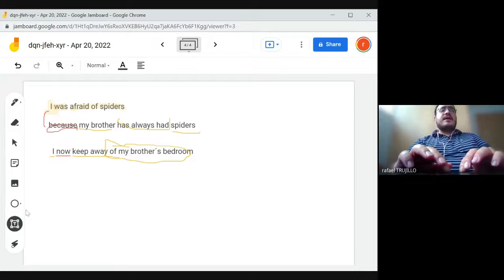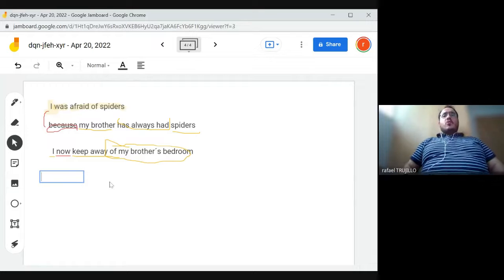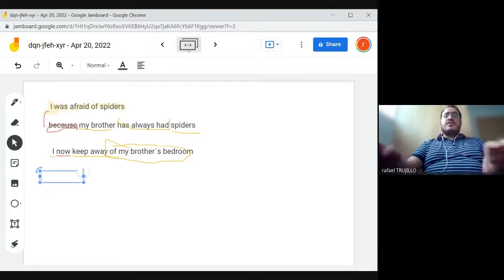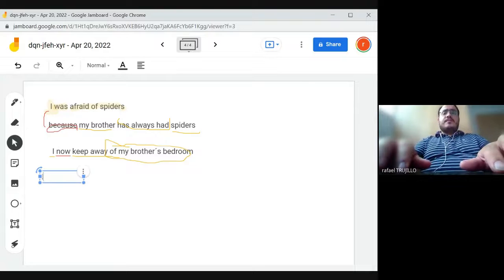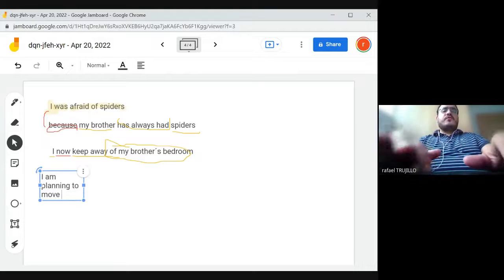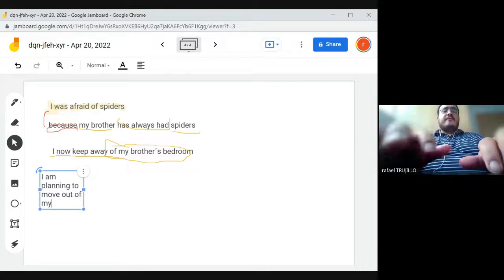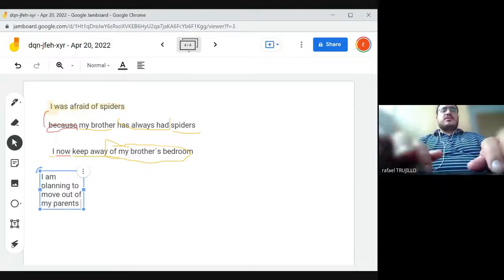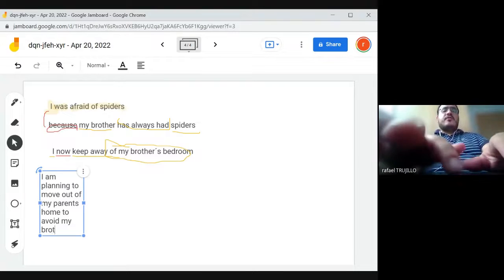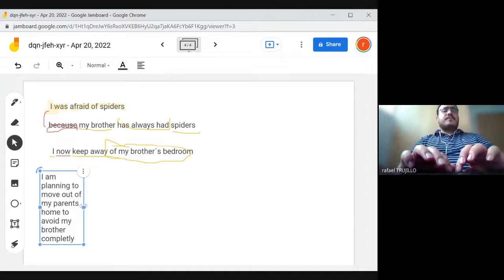And then I have the last sentence. What can my last sentence be? For example, I am planning to move out of my parents' home to avoid my brother completely.